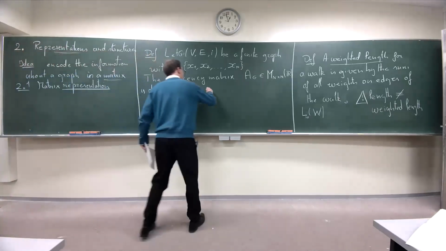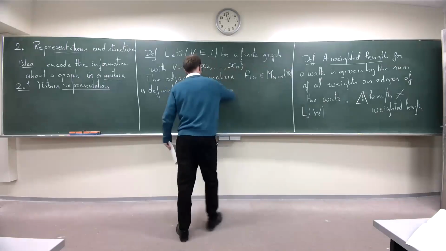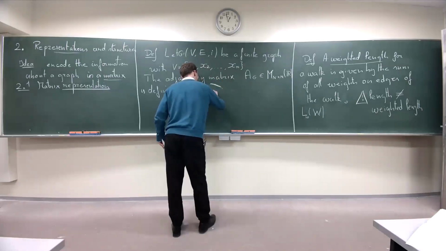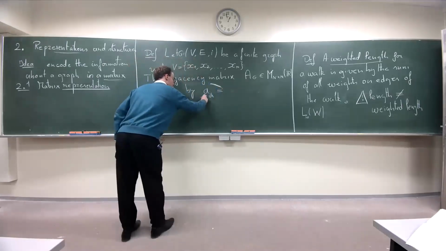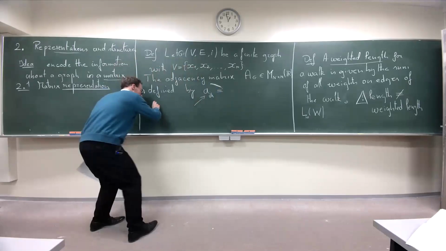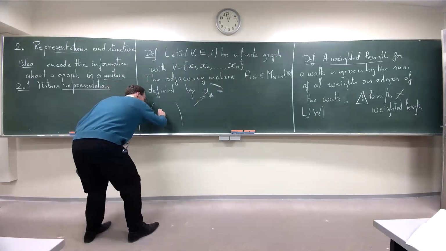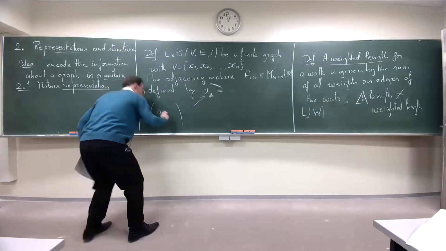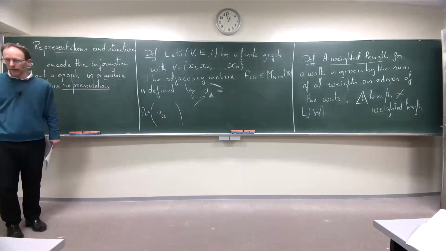So what is the entry A_jk? You probably know this notation: you have a matrix A_G, and A_jk is an entry with row j, column k.